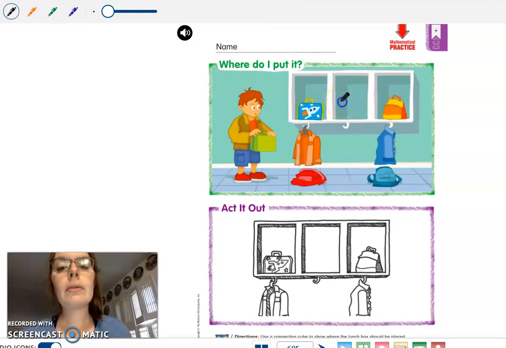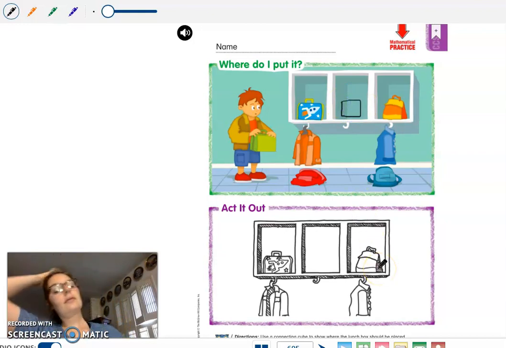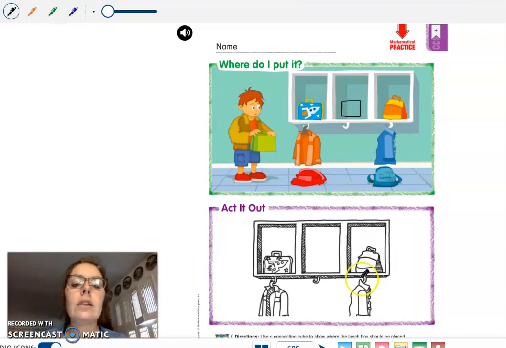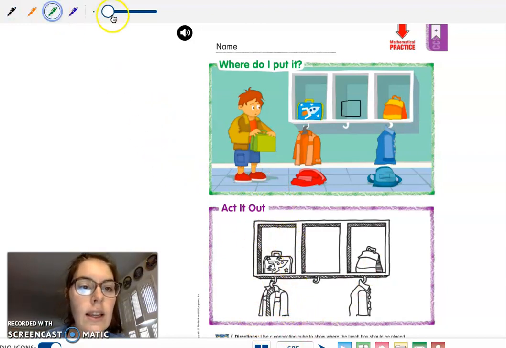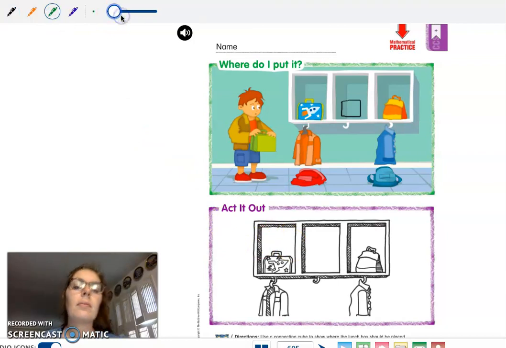So here, remember, we're just going to draw a box to hold the spot. So just draw a little box. Okay? And then down here, we're going to draw it. So I am going to get my green pen because I like adding color sometimes. And I'm going to draw the lunchbox. A lunchbox is pretty easy.